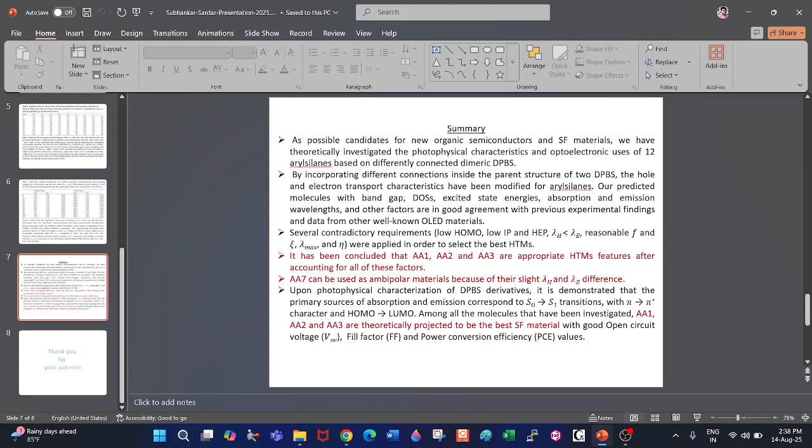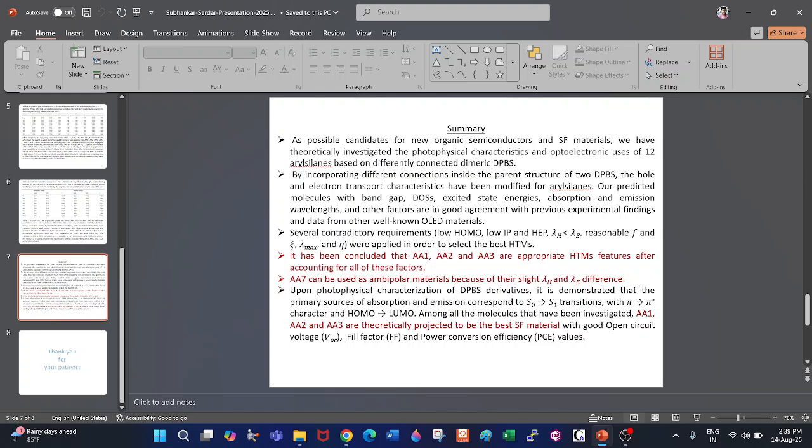Our predicted molecules, with band structures, band gap, density of states, excitation state energies, absorption and emission wavelengths, and other factors, are in good agreement with our previous experimental findings and data from other well-known OLED materials.